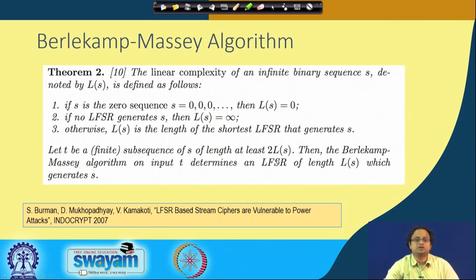In our case, if LS is 4, then you just need a subsequence of length 8. That should be enough for you to solve the entire equation set and reconstruct the LFSR, which means you not only know the length of the LFSR, but can also find out the feedback polynomial of the LFSR. So you can find out that it is 1 plus d to the power of 4 using the Berlekamp-Massey algorithm.